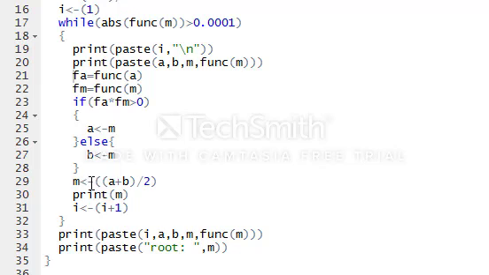After this, m will be assigned the value of a plus b by 2 again, and m will be printed. And i will get incremented each time the loop comes to its last step. As I told earlier, i is the number of iterations. After the whole procedure gets finished, that is, we find out what our root is, we'll paste the value of i, a, b, m, function of m, and the root m.